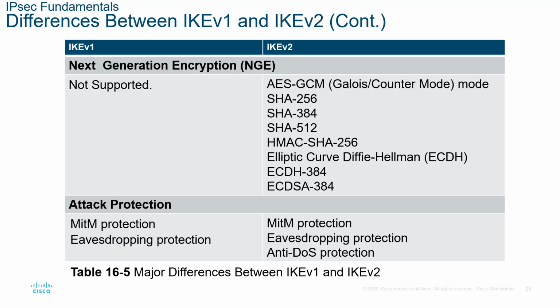Differences continue with next generation cryptography. You'll notice that IKE v1 doesn't support any of our next generation, where IKE v2 does. Our attack protection is pretty similar on both. However, IKE v2 also has additional levels of protection for DDoS.